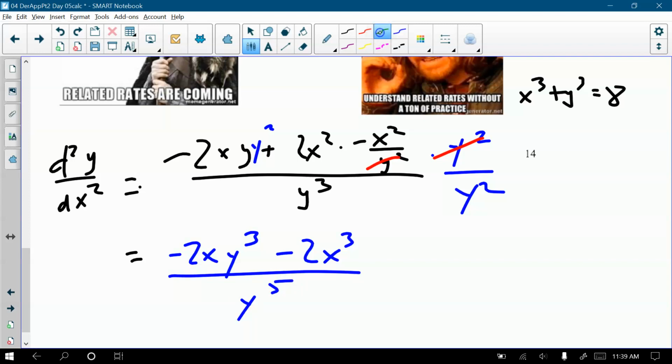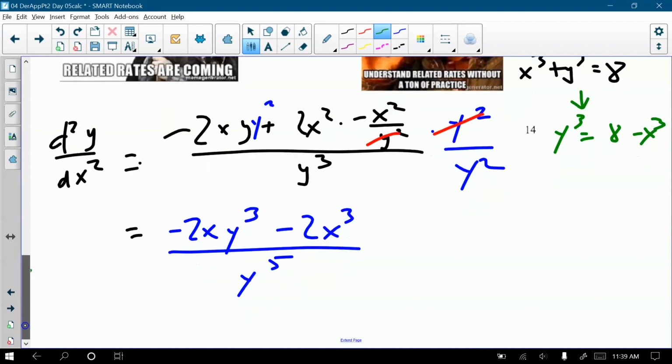Y cubed, I want to get rid of my y's, because my answer in the top didn't have any y's. So remember, y cubed is actually equal to 8 minus x cubed by using that original equation. So if we substitute that in, we end up getting, this is a tough problem, negative 2x times 8 minus x cubed minus 2x cubed.